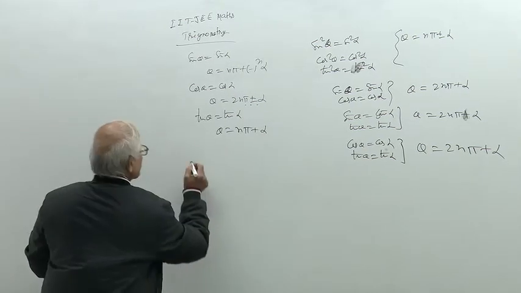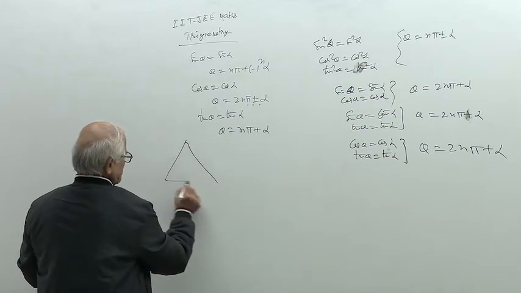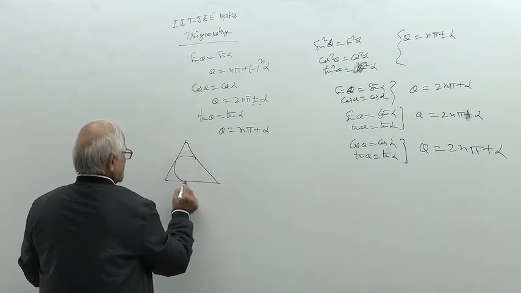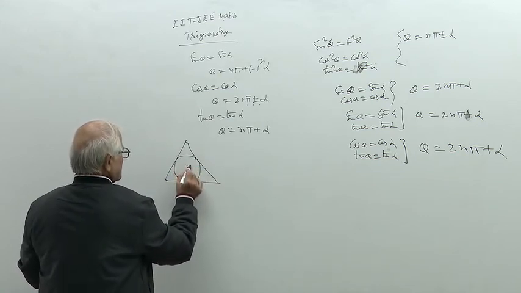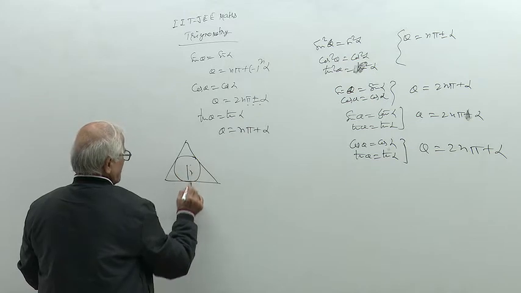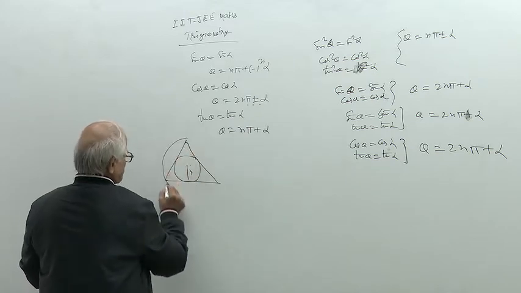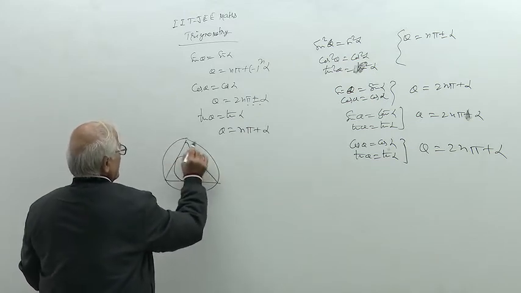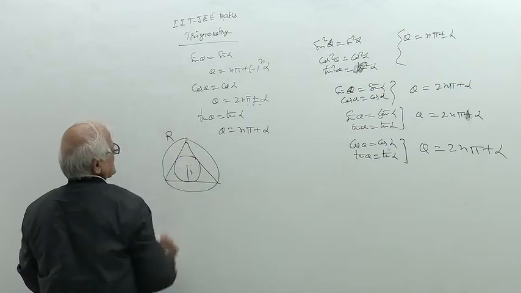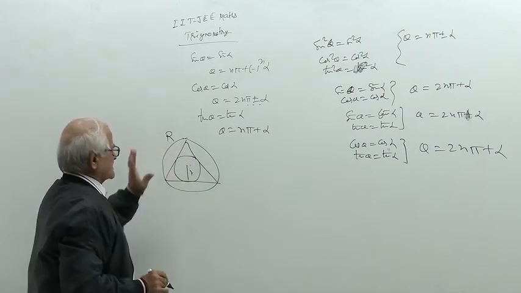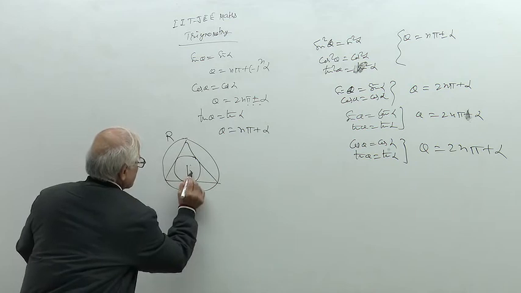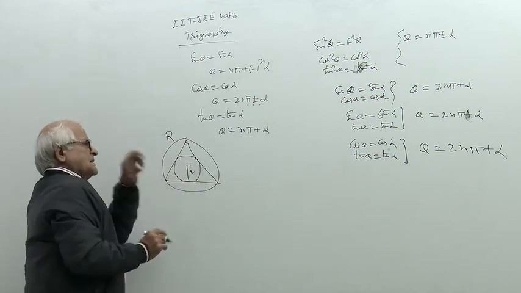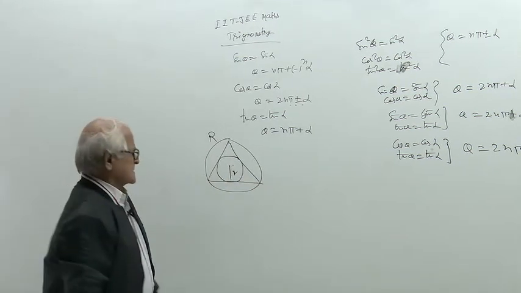We know here is the incenter, and here the circumcenter is R, and the incenter is small r. We have various formulas for these.